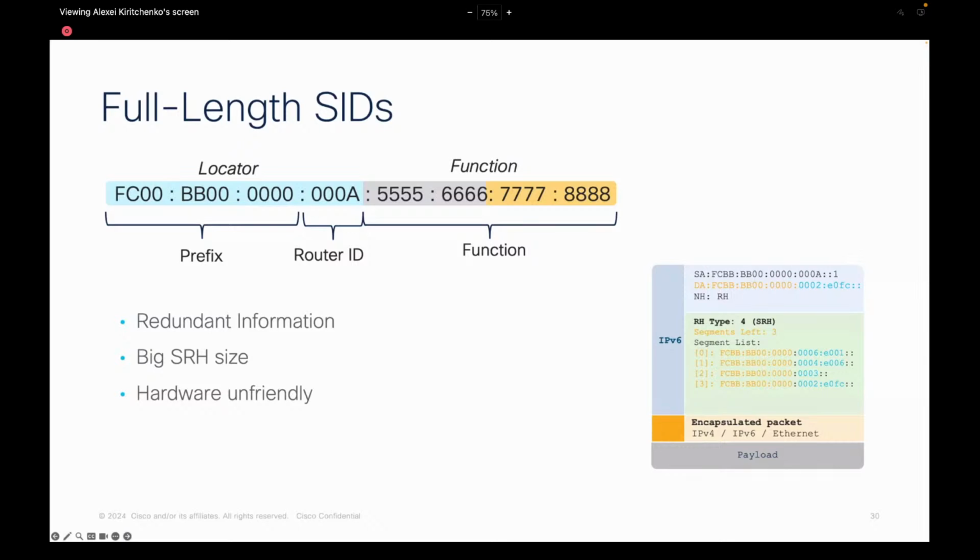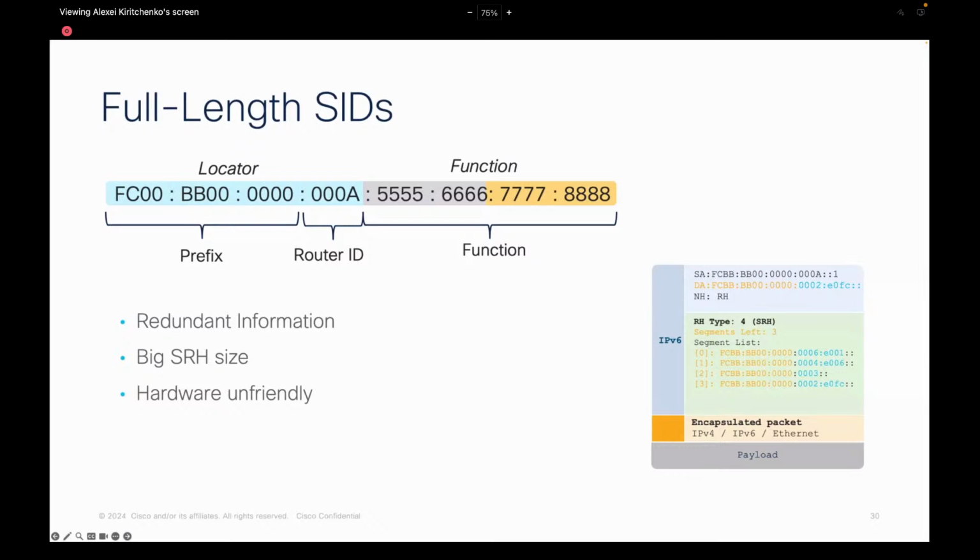And here we have the possibilities, 2 to the power of 64, which is a lot. In reality, we are using just a few numbers, and it doesn't make sense to have so many functions on a single device. So as we saw at the beginning, the prefix itself is redundant, it is the same. The trailer of each prefix is redundant, it is always 0.